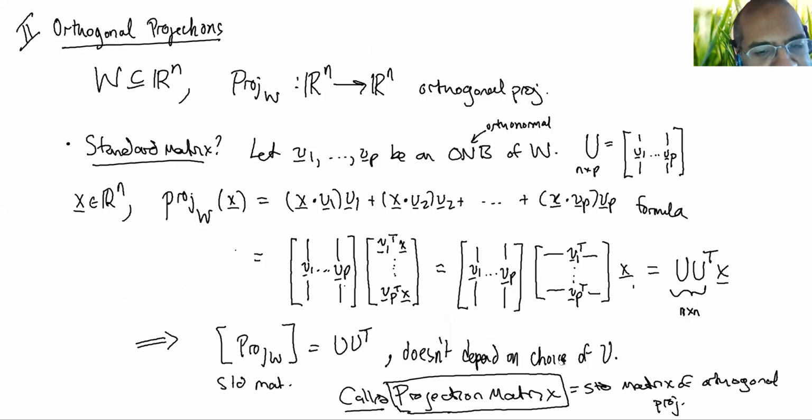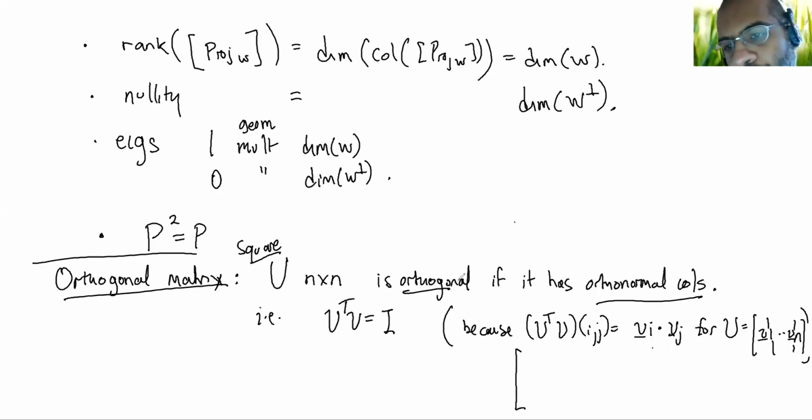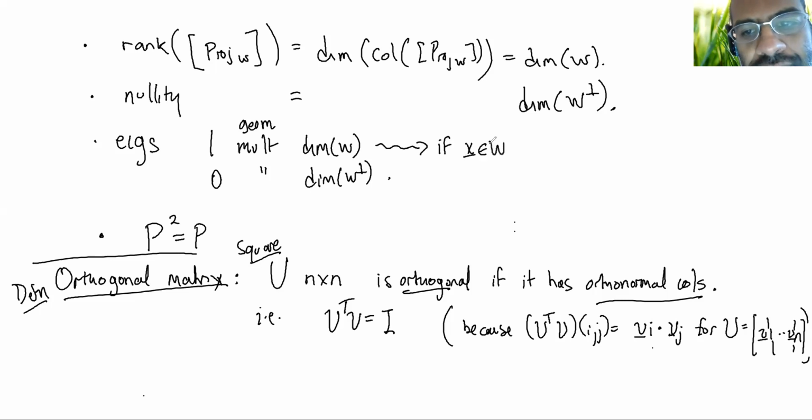Oh, this, yeah. So a matrix is called orthogonal if it has orthonormal columns and is square. That's the definition. Okay. Is that okay? The reason I'm telling you, what I said about eigenvalues: if you have any vector X in W, then the projection onto W of X is just X, right?